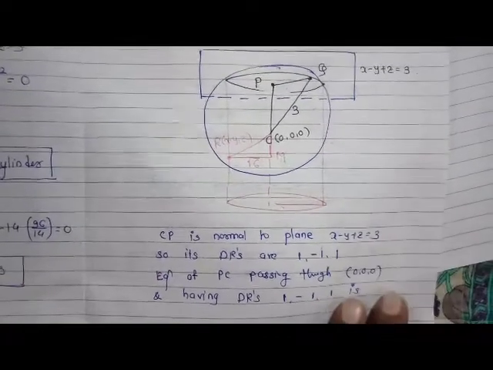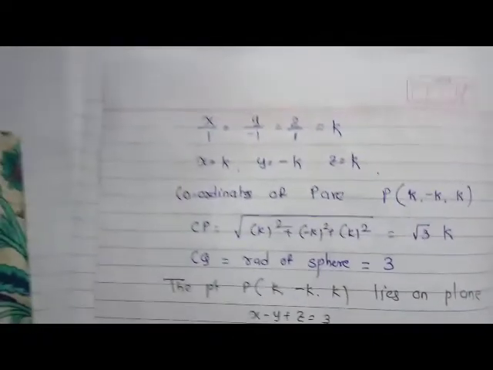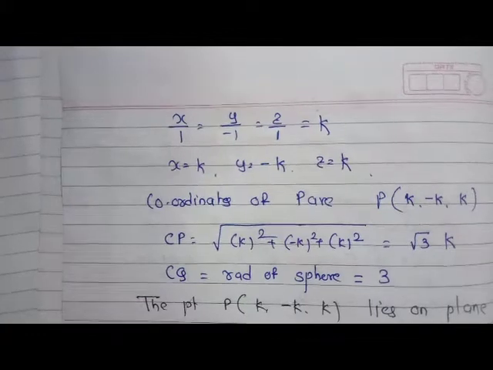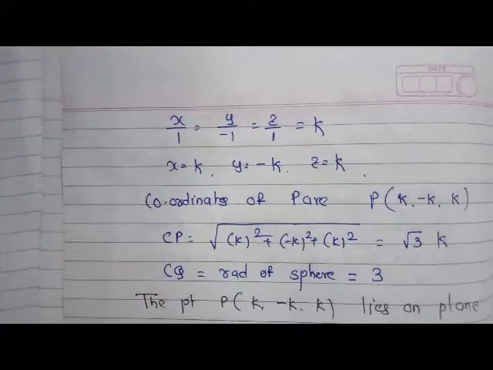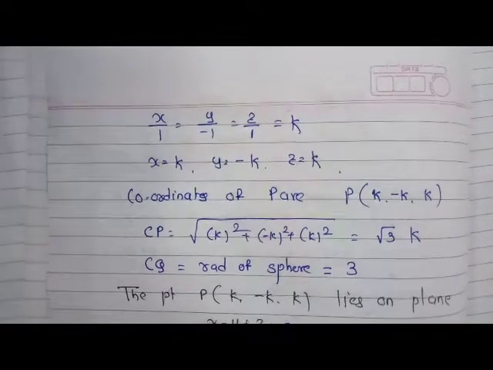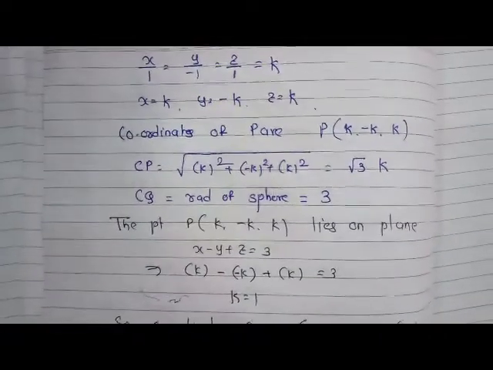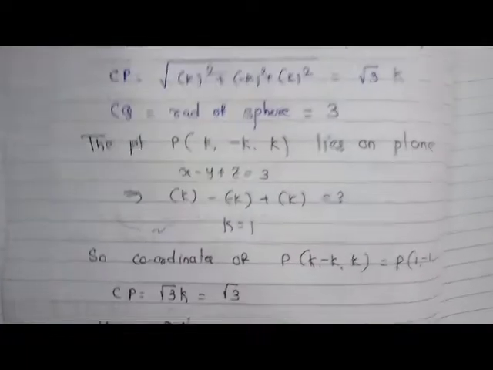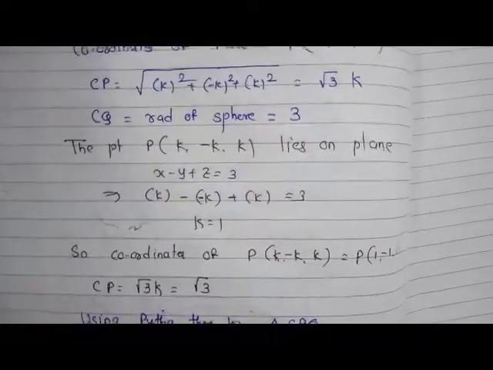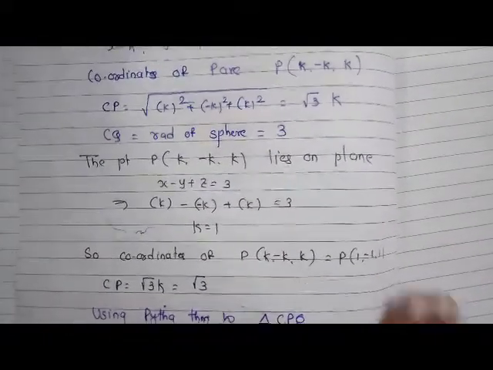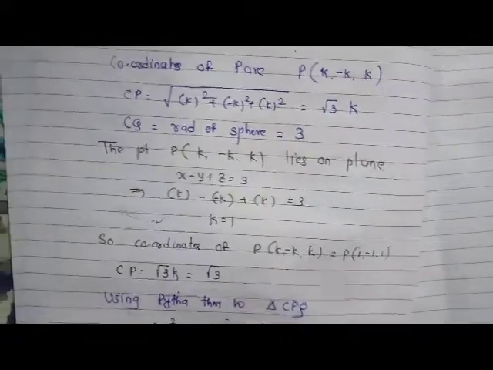So the equation of line PC will be x by 1 equal to y by minus 1 equal to z by 1. Suppose that is equal to k. From there the general point on the line CP is obtained, and those are the coordinates of point P: k, minus k, k. Now the point P lies on the plane x minus y plus z equal to 3. So from there k is obtained. Once k is known, the coordinates of point P are known.